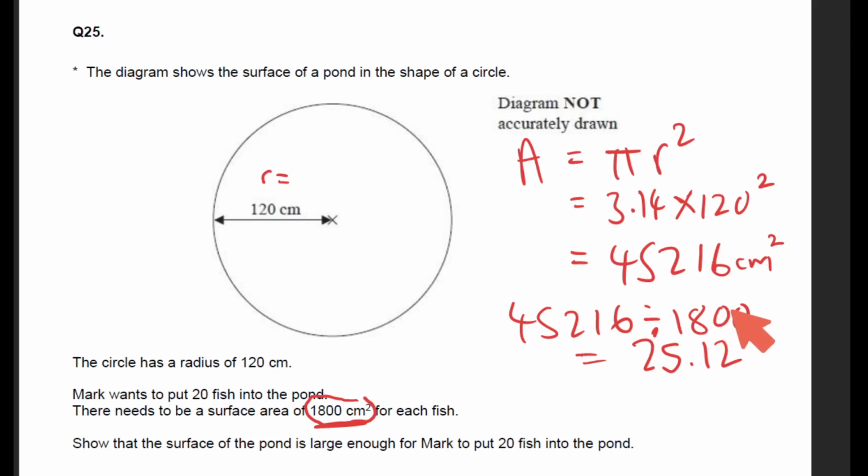So if each fish needs 1800 centimeters squared to survive, I can have up to 25 fish. So I can easily have 20 fish.